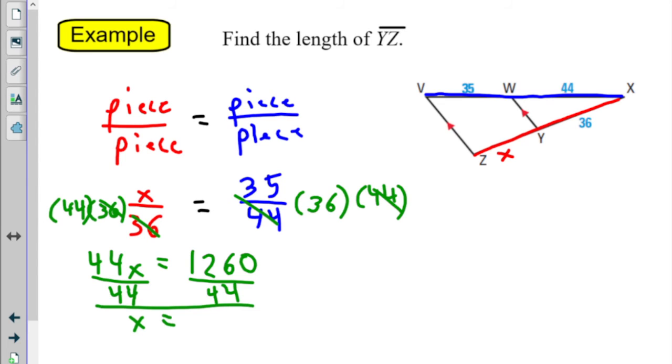And to the nearest tenth, it should be 28.6. And it asks for the distance from y to z. So y to z is indeed the distance that we solved for. I'm going to put approximately because that's rounded.